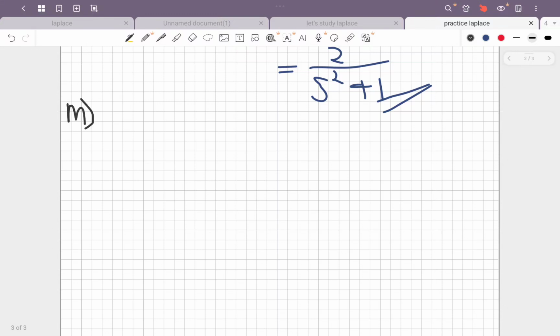So for question M, almost the same. 3 sine 2t.